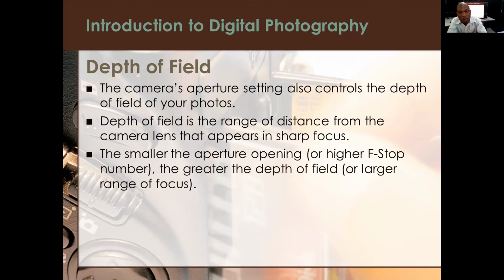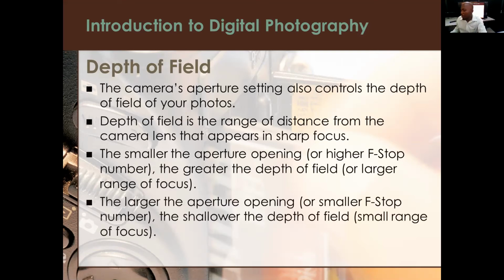The smaller the aperture opening, or the higher the f-stop number, the greater the depth of field, or larger range of focus. The larger the aperture opening, or smaller f-stop number, the shallower the depth of field and smaller range of focus.